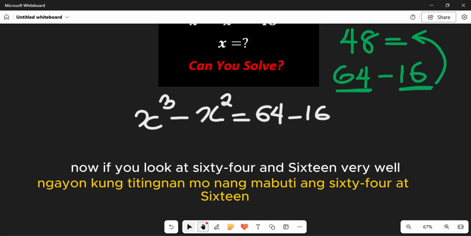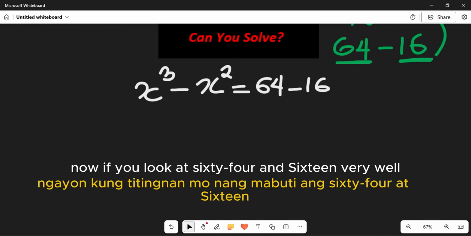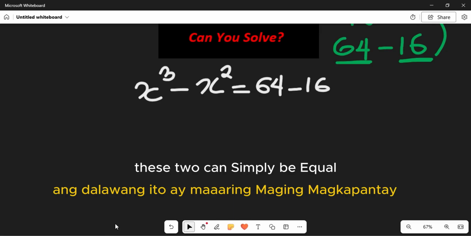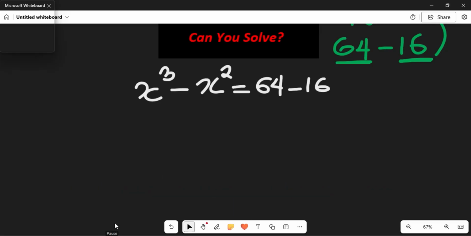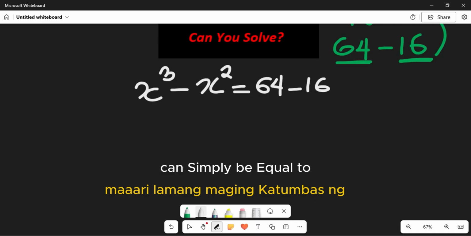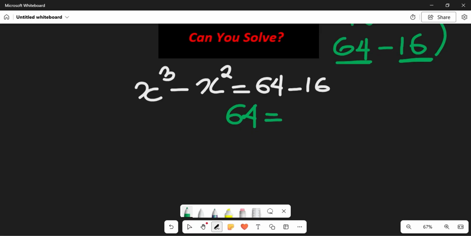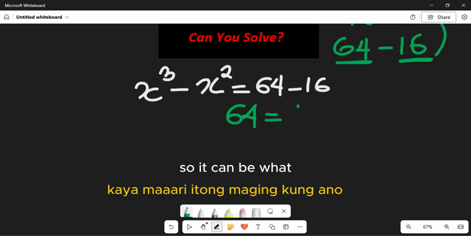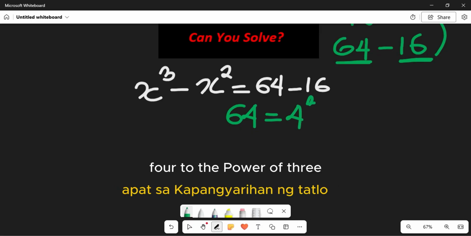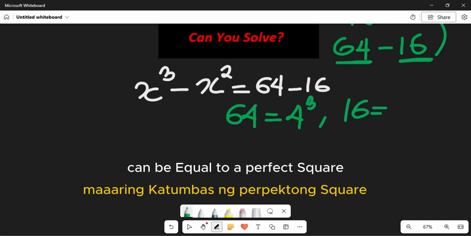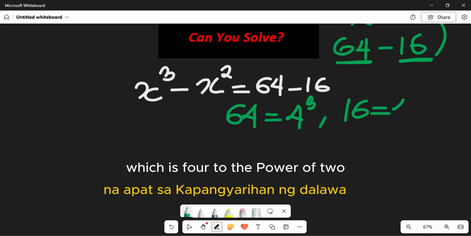Now, if you look at 64 and 16 very well, 64 is a perfect cube, so it can be 4 to the power of 3, and then 16 is a perfect square, which is 4 to the power of 2.